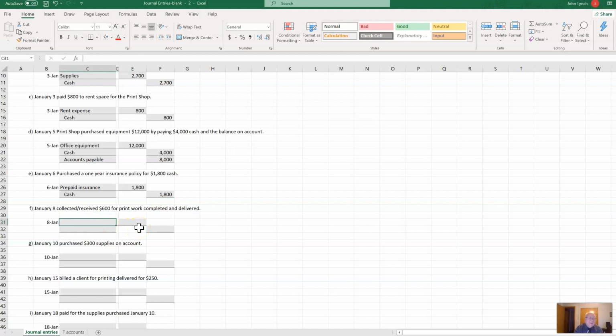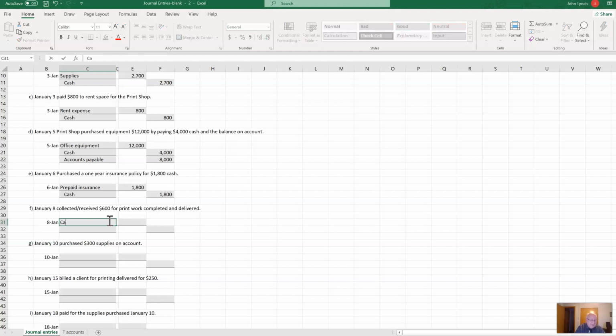So again, we increased the prepaid insurance, which is an asset because it's a claim against the insurance company, and you decrease the cash because that's what it took. You paid out cash.